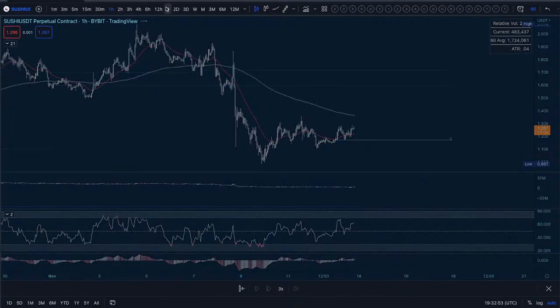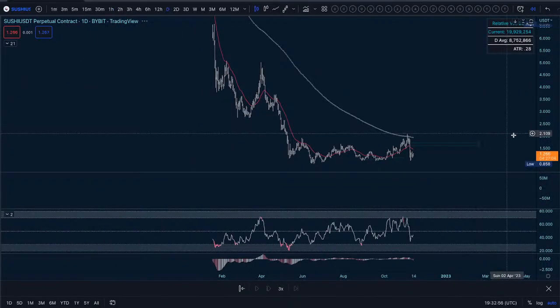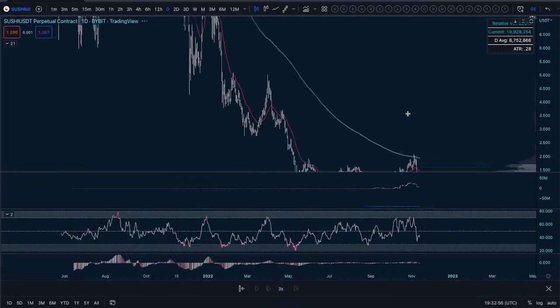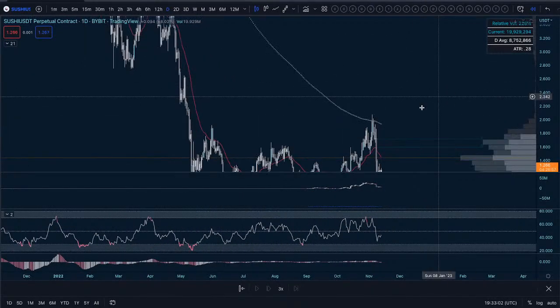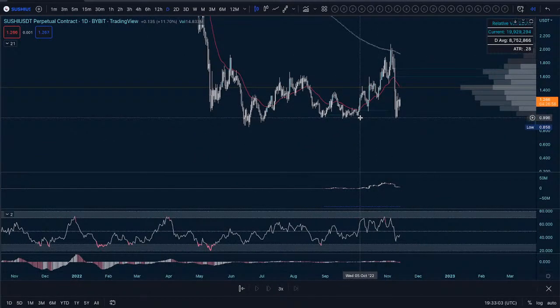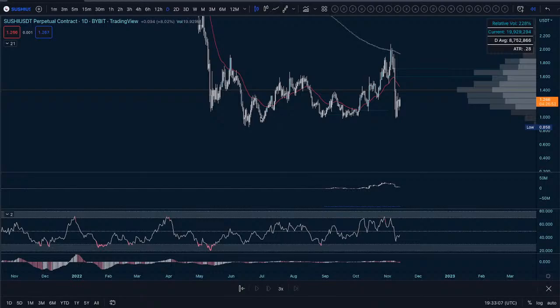Actually, let me see on the daily. Yeah, it's still trying to protect this area. Basically, anytime the price comes here, it's a buy opportunity.